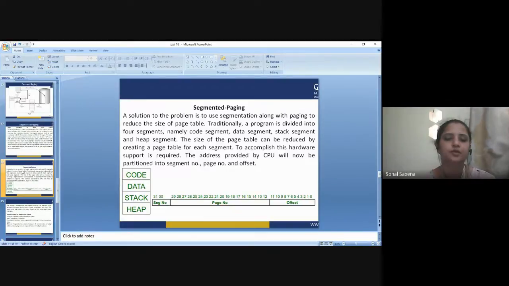Now, the solution to this problem is to use segmentation along with paging. Combined merits of both the things will be used to reduce the size of the page table.